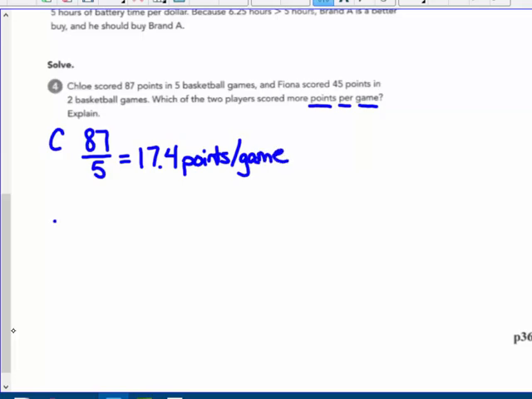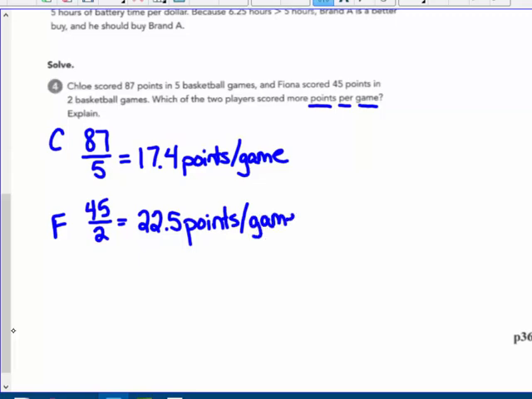And Fiona, 45 points in 2 basketball games. That's approximately 22.5 points per game. Even though she only played 2 of them, Fiona has a better average, right? Which of the 2 players scored more points per game?